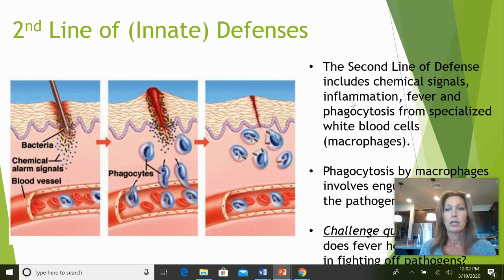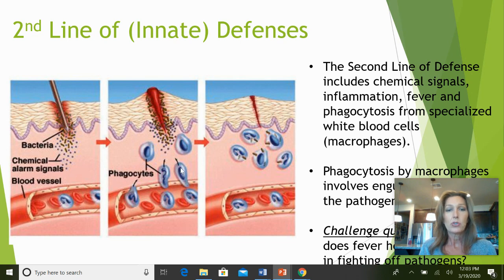A histamine response is a localized swelling where we're increasing the permeability of our blood vessels. This allows more plasma to get out, but it also allows white blood cells to get out too, because we've got specialized white blood cells that perform what is called phagocytosis. With phagocytosis, they're basically eating all of these pathogens that are coming in.